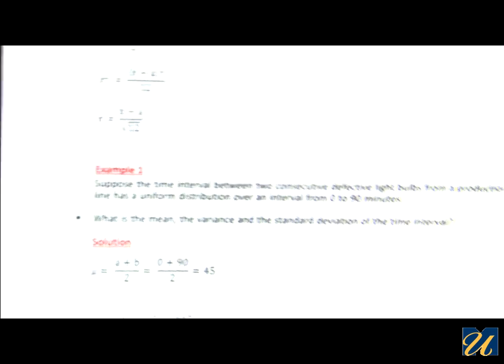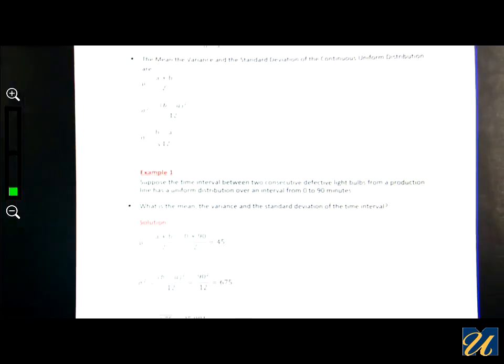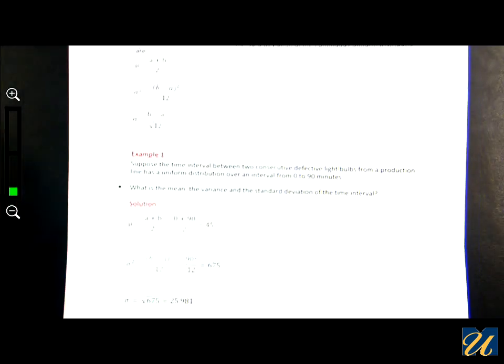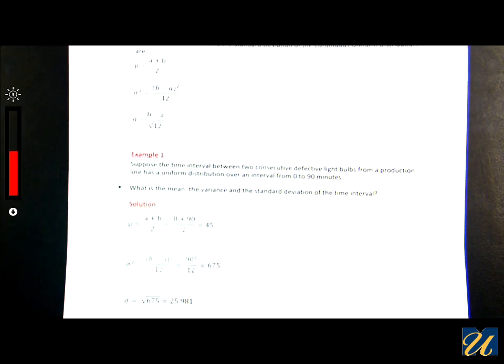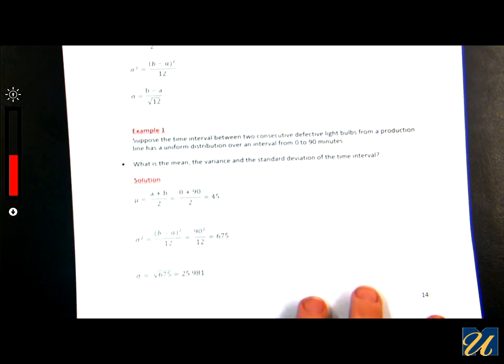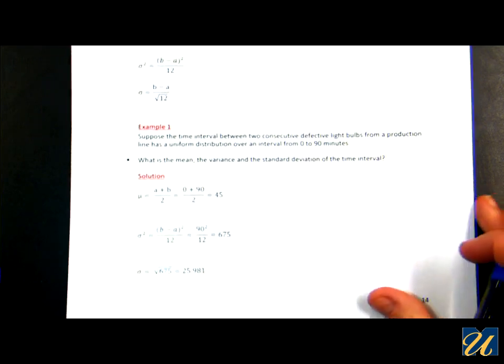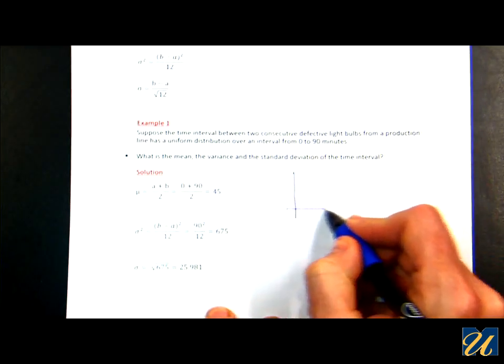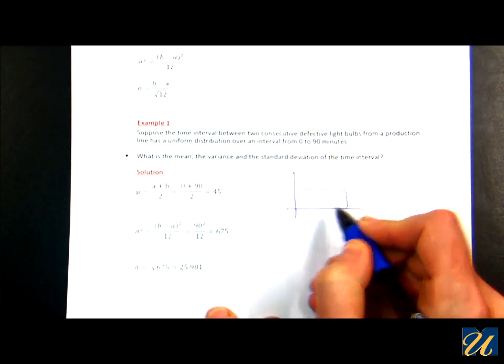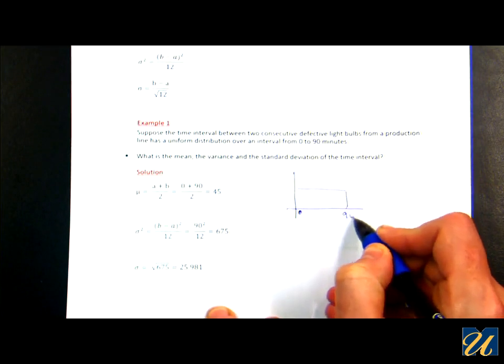So let's look at this example. Suppose the time interval between two consecutive defective light bulbs from a production line has a uniform distribution of an interval from 0 to 90. So this is your 0 to 90.